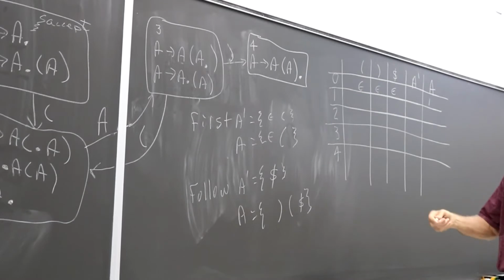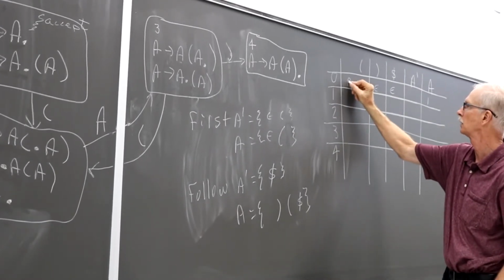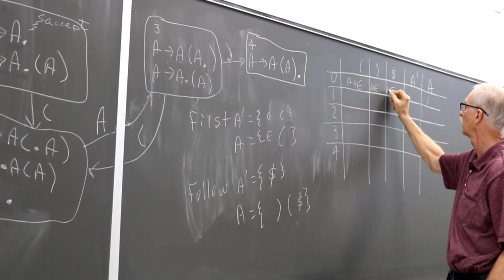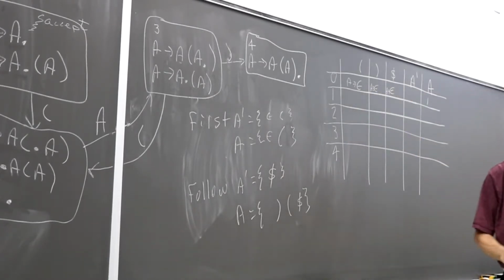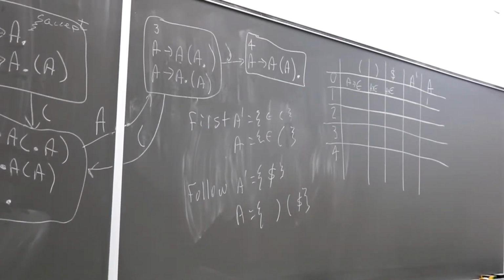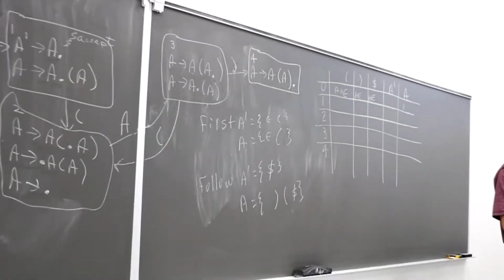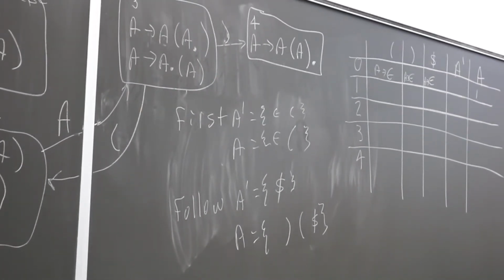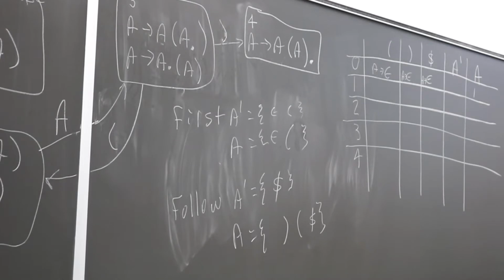And that implies, and you can write it like this, A goes to empty, A goes to empty, A goes to empty. That's the action from item set 0. You reduce empty to A on the follow of A. Okay?